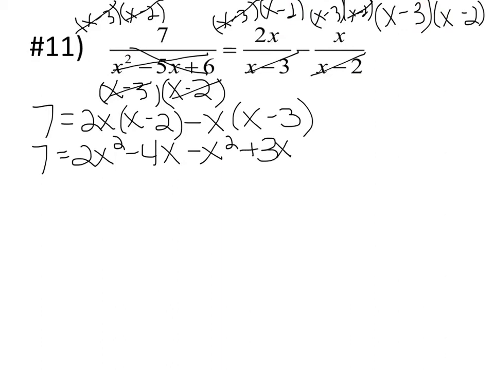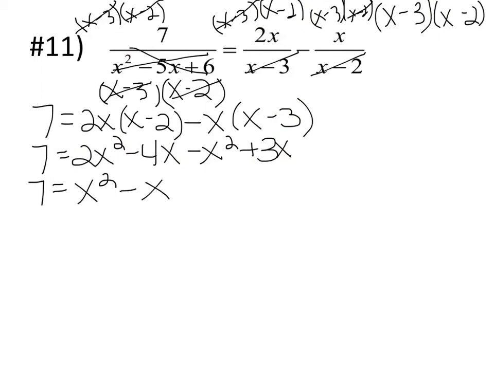It's plus 3 because it's minus 3, negative 3 and negative 3x. All right, go ahead and combine like terms on the right side. 2x squared minus x squared is just x squared. And negative 4x plus 3x is just negative x.